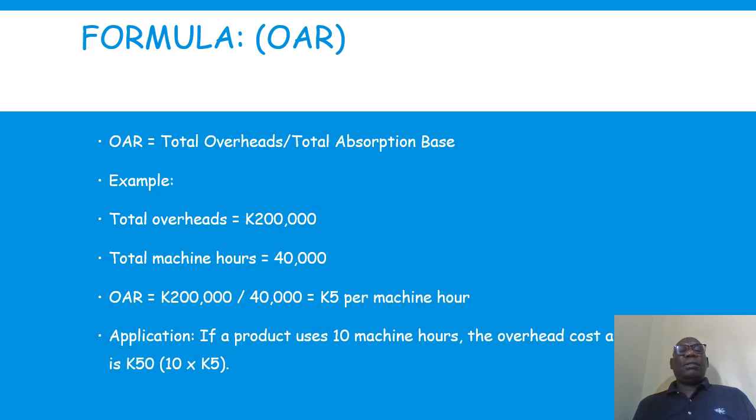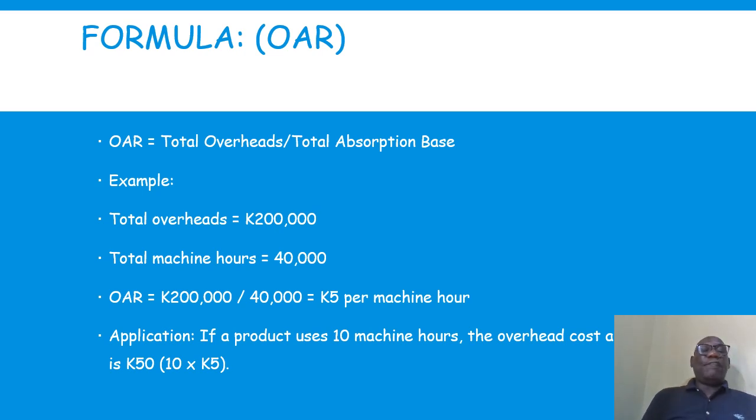So this slide is basically trying to show us the formula for OAR, overhead absorption rates. As alluded to much earlier, OAR is equal to total overheads divided by total absorption base. For example, we can have total overheads of 200,000 and total machine hours of 40,000 hours.